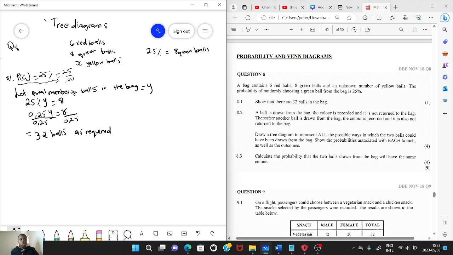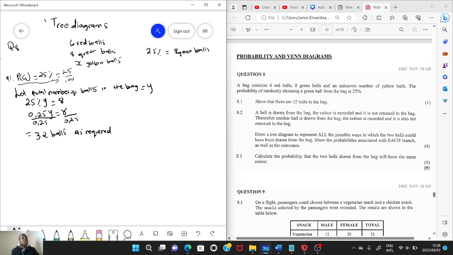So now we know that the total number of balls is 32. Now we can find the number of yellow balls, even though we were not asked. What is the number of yellow balls in this case?